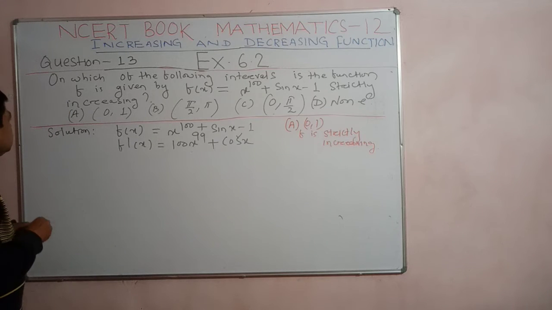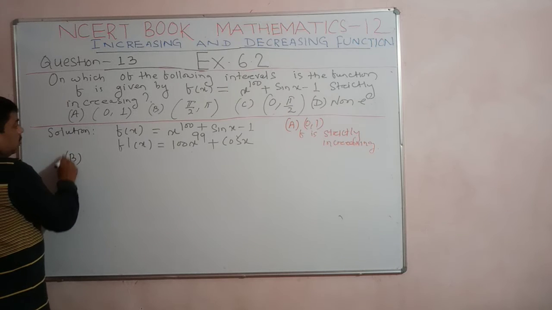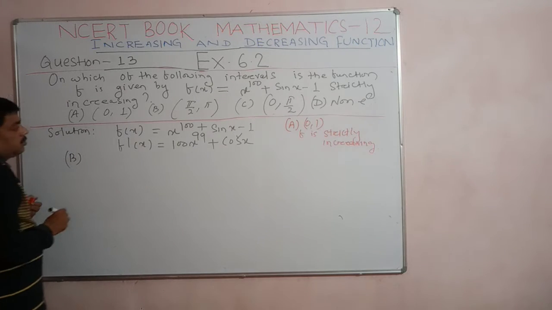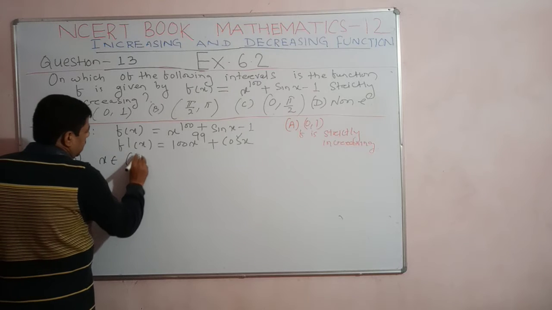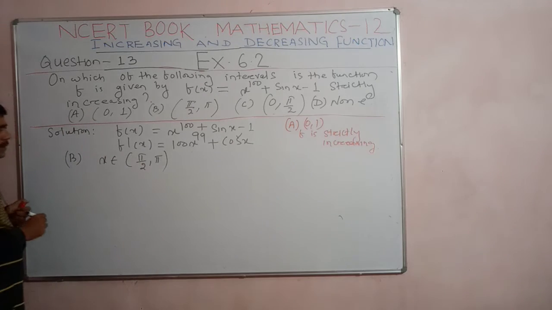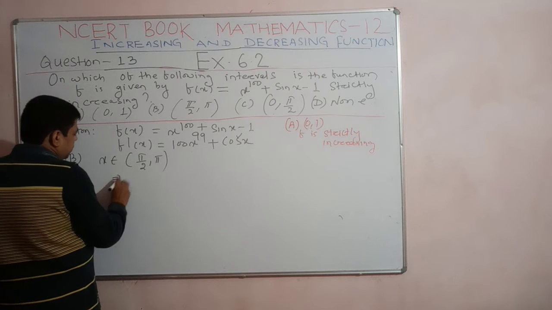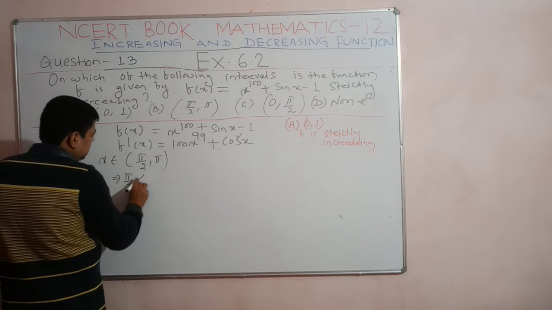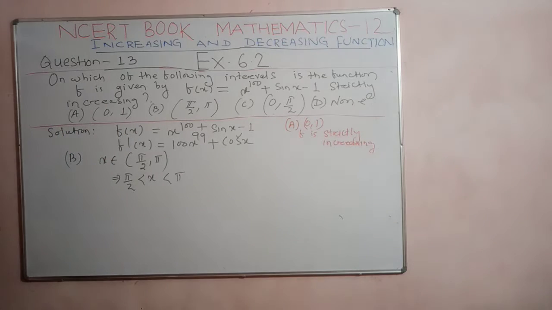Okay, let's see the second point. In the second interval, when x belongs to pi by 2 to pi, that implies pi by 2 is less than x is less than pi. Yes or no?